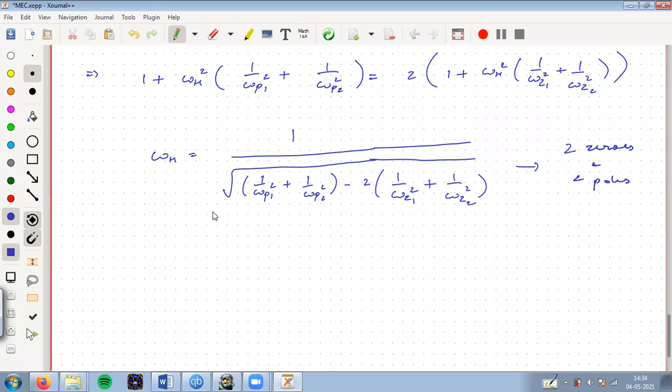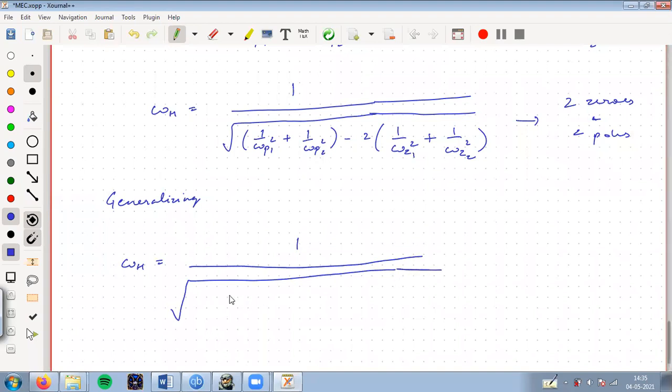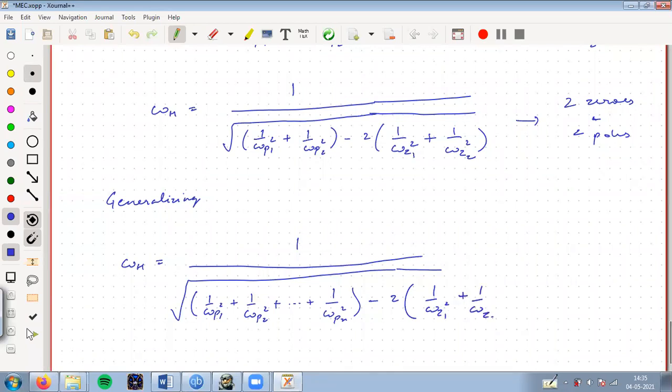But for n number of poles and n number of zeros, generalizing, I can write omega h as 1 divided by the square root of 1 divided by omega p1 square plus 1 by omega p2 square plus so on, plus 1 divided by omega pn square, minus 2 into 1 by omega z1 square plus 1 by omega z2 square plus so on, plus 1 divided by omega zn square.